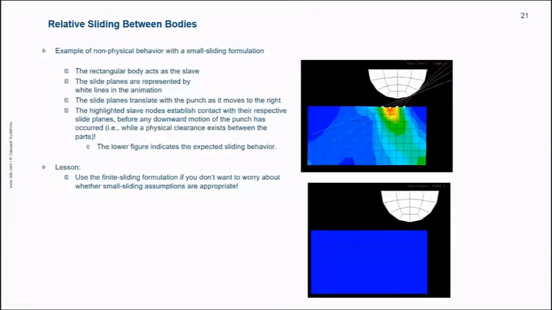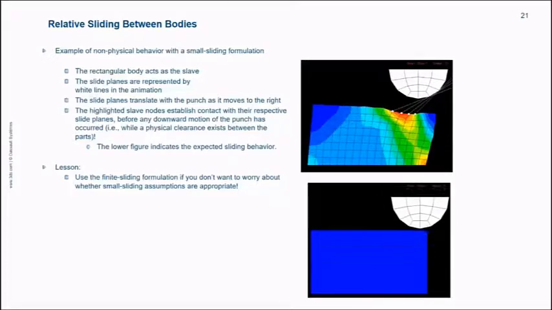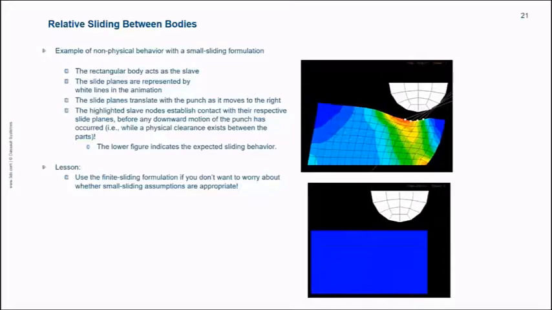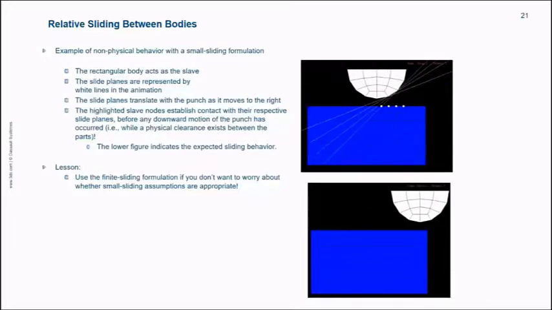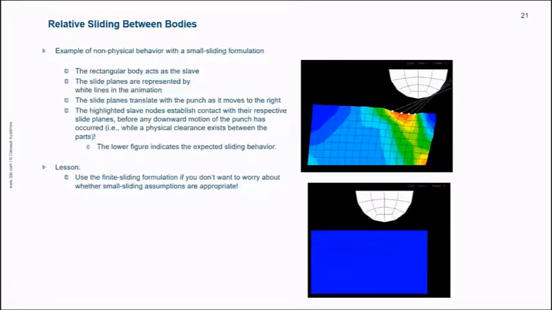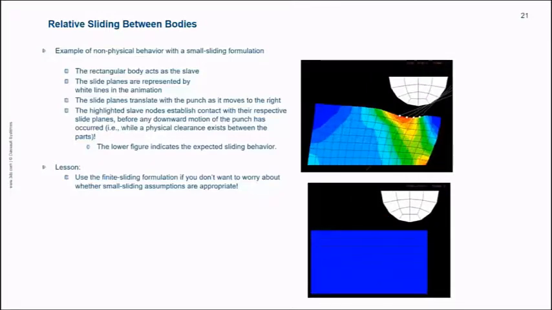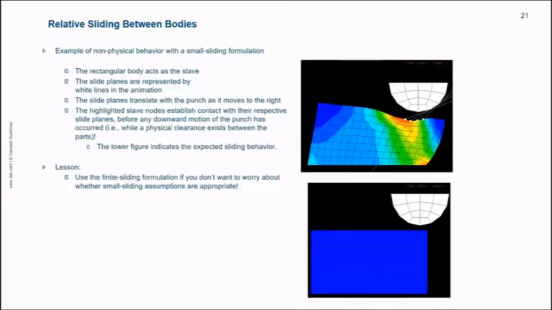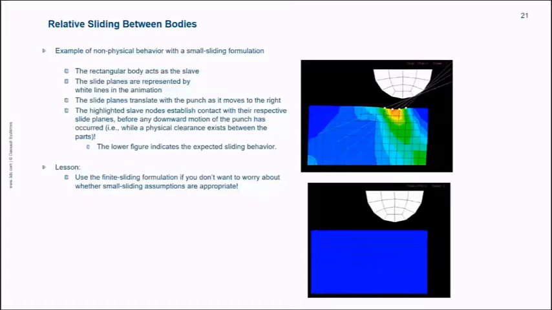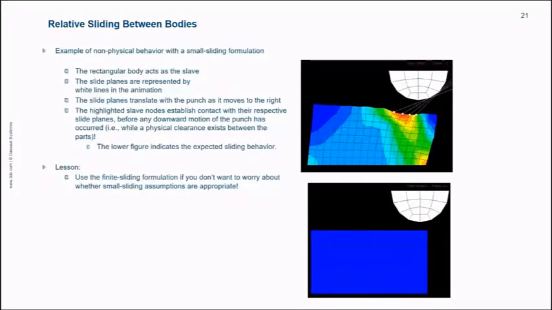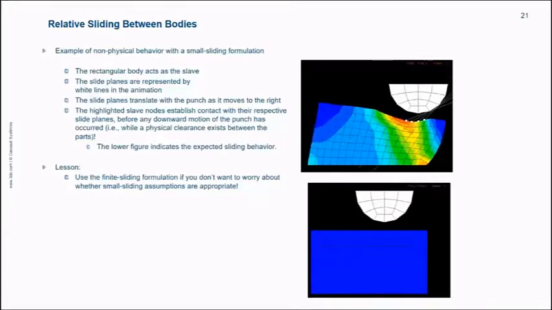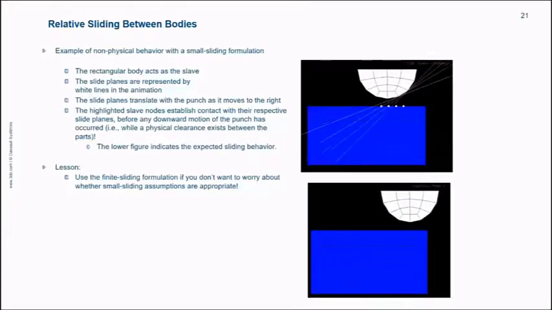So if you are in doubt, then you can use the finite sliding tracking algorithm, which is what you get by default with contact pairs, and it's what you get in general contact. If you have an application where you have surfaces being clamped together and they don't move around a lot, it's a large model and you want to have an efficient algorithm, you can try small sliding. But if you have any doubts, you can use this finite sliding algorithm. And if you want to use small sliding, you have to add the small sliding option to your contact pair definition.